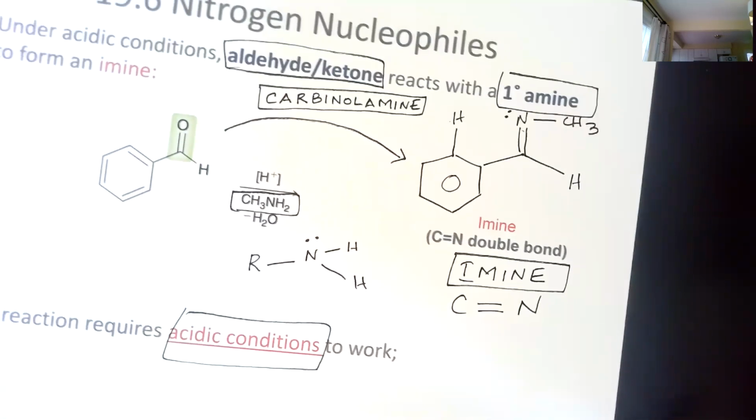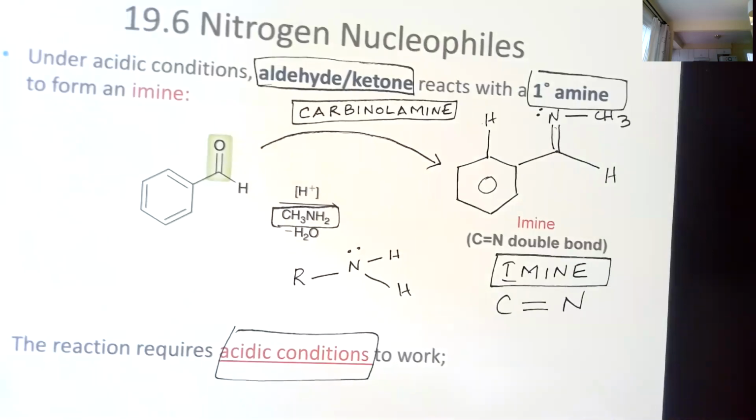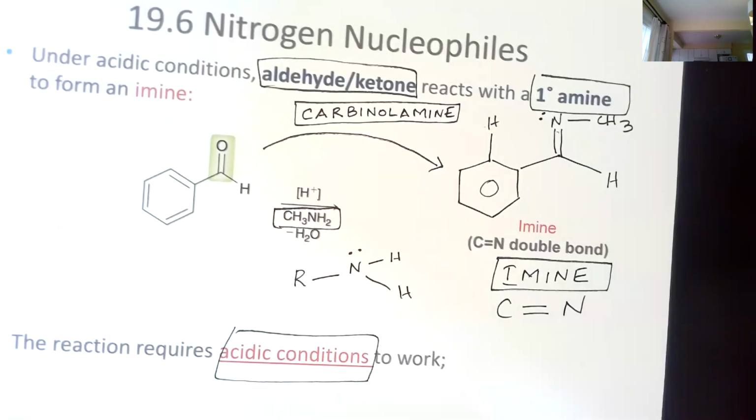Now I'm spending time with nitrogen nucleophiles because after I wrap up this chapter, I want to do a few sections from carboxylic acids and amines. Okay. And the reason being, when you go into biochem and start learning about amino acids, you need to know at least the physical characteristics and some reactions of carboxylic acids and some for the amines.